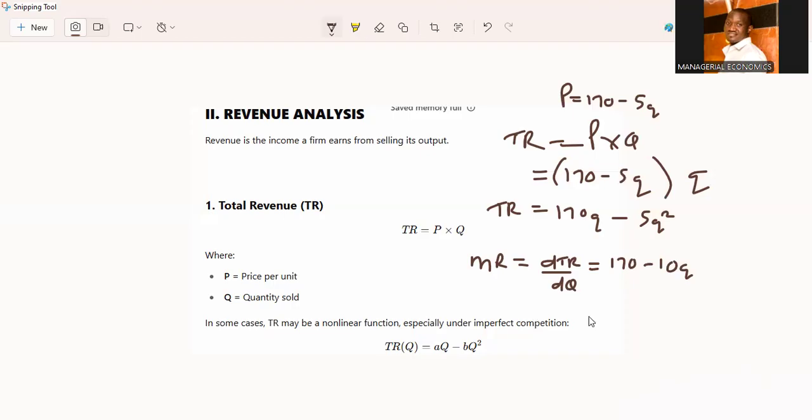But for average, you divide by Q. If they ask you to find average revenue, anything average, you divide the revenue formula by the quantity. So average revenue is total revenue divided by quantity. This is not differentiating, it's dividing.